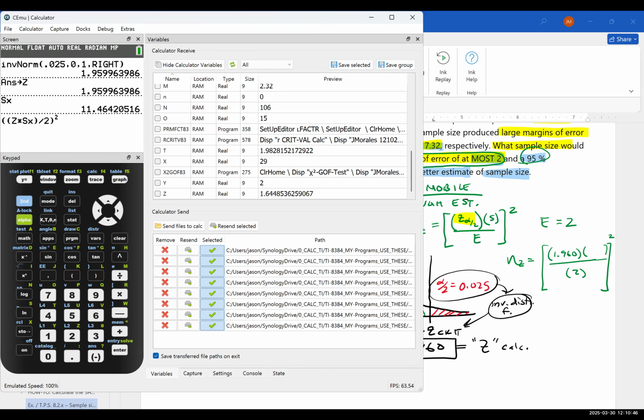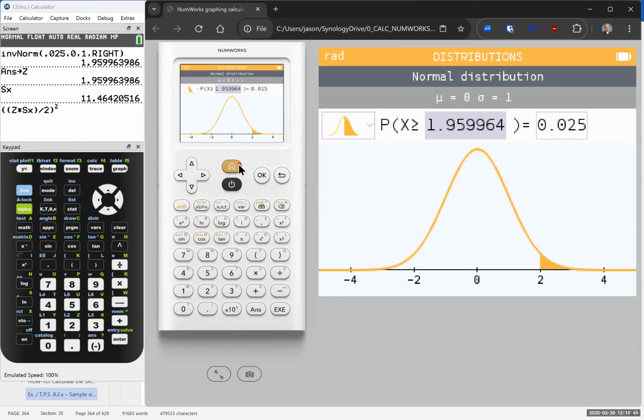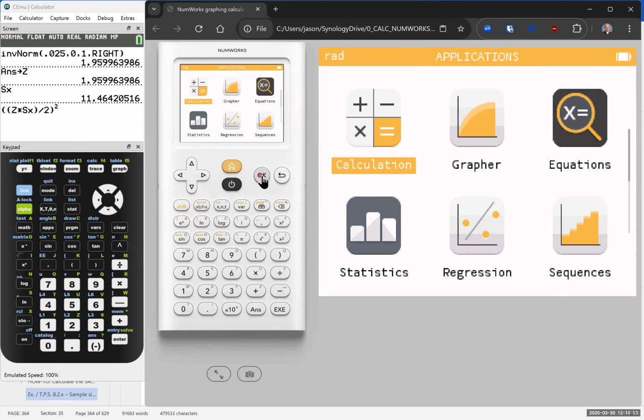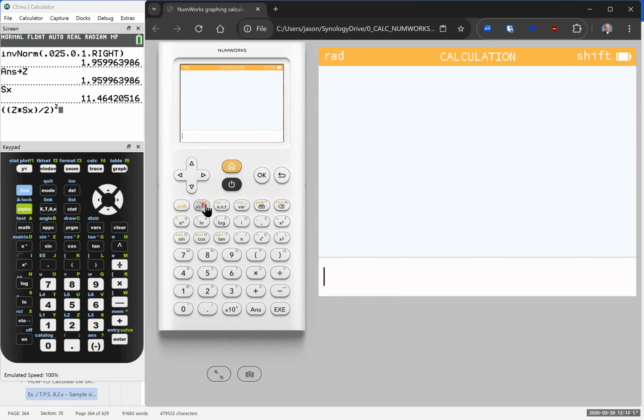All right. And I think on the NumWorks calculator, I put that value in capital S. So let me make sure that that's still present. Yep, it's still there. So let me type the same thing.